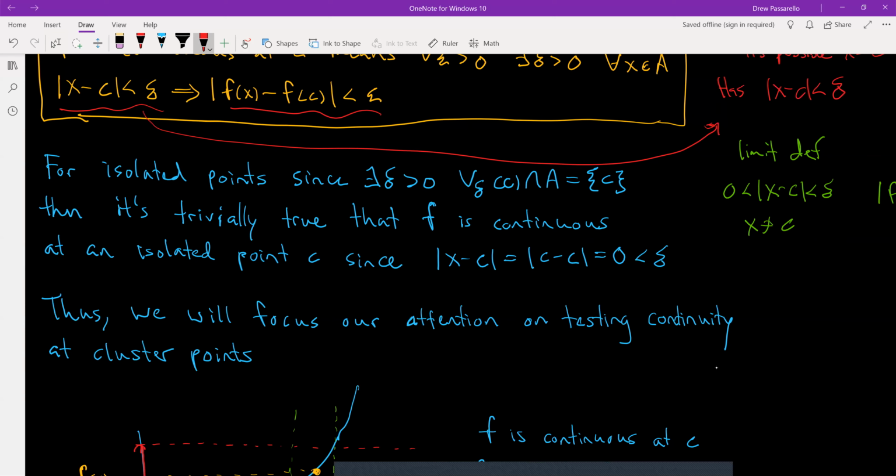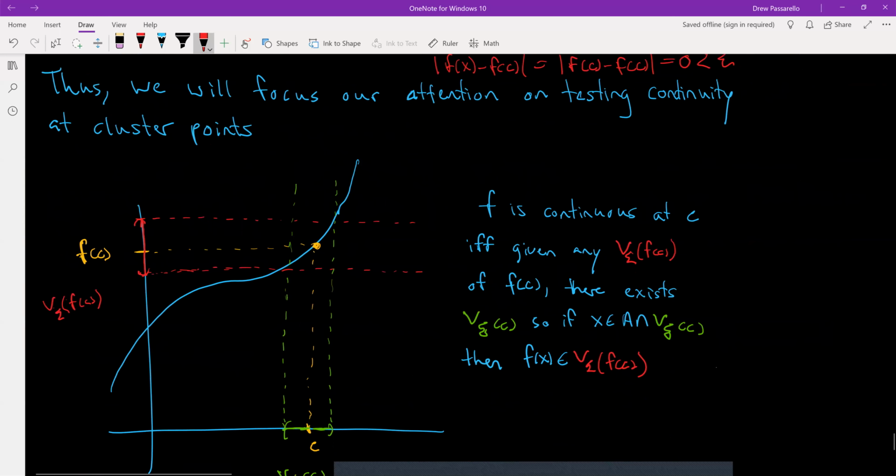Which would also imply that f of x minus f of c, since we only have the singleton set, is just f of c minus f of c. And that's 0, which is less than epsilon. So isolated points is trivially true. And so we're going to focus our attention on testing continuity at just cluster points.